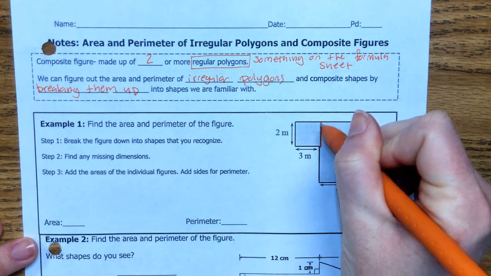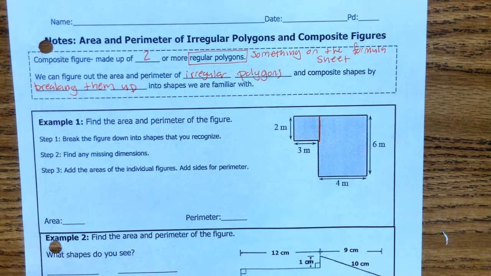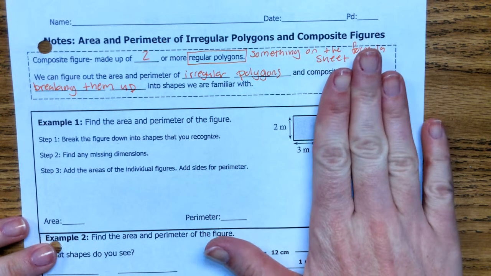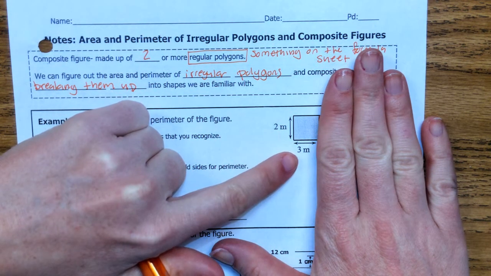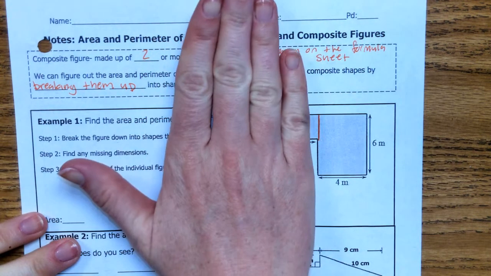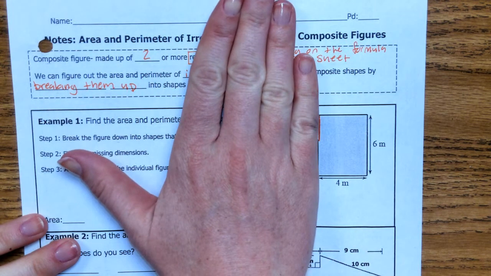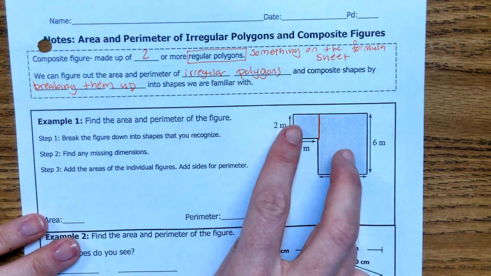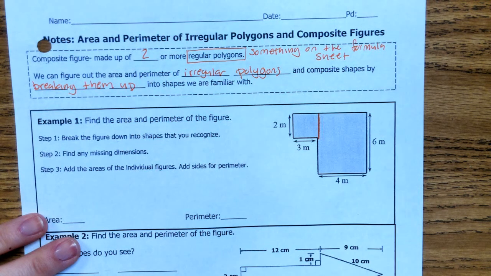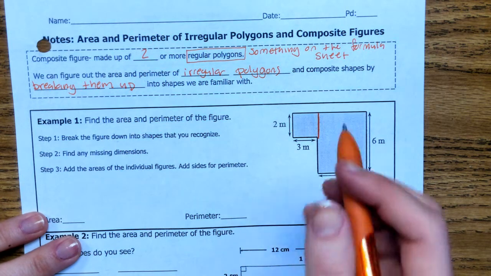By drawing a line right here, I can identify one rectangle that has a length of 2 and a width of 3, and a second rectangle that has a length of 4 and a width of 6. When I find the area of each individual rectangle and add them together, that is what the whole shape is created by.